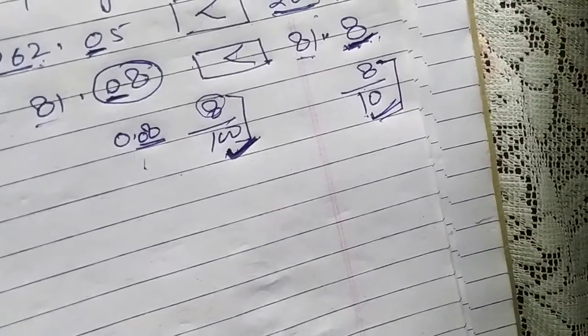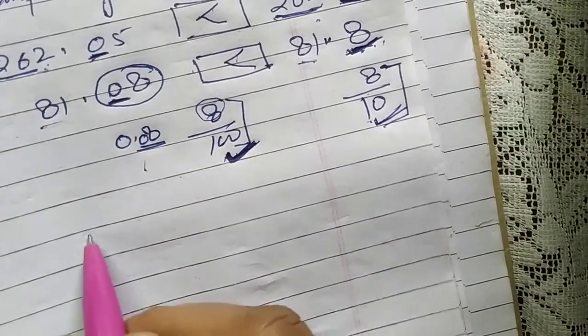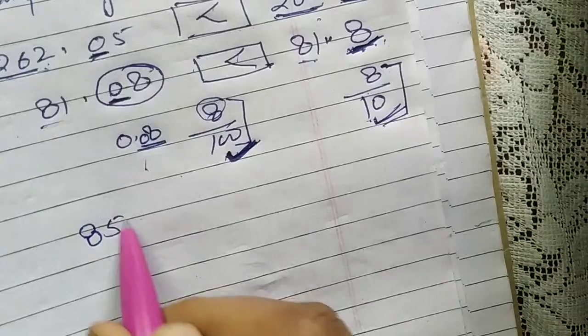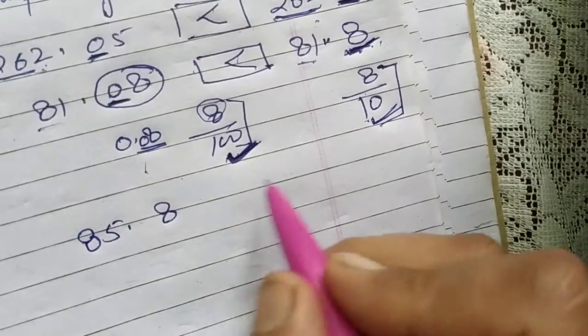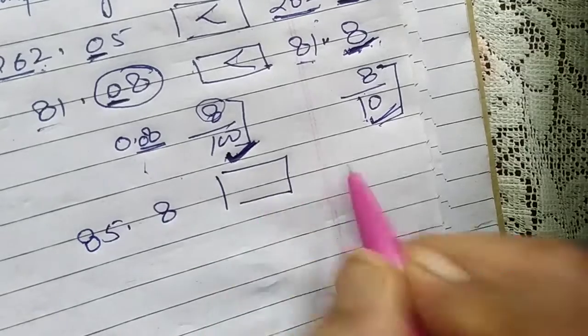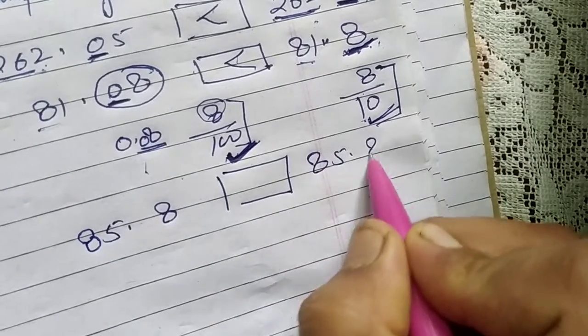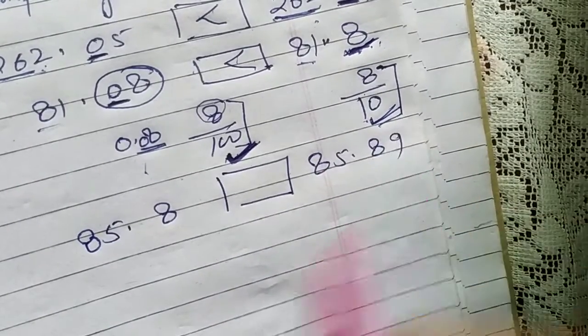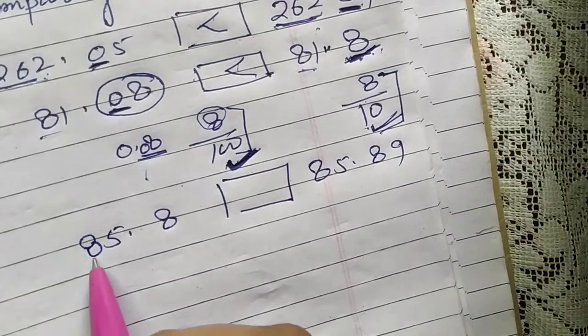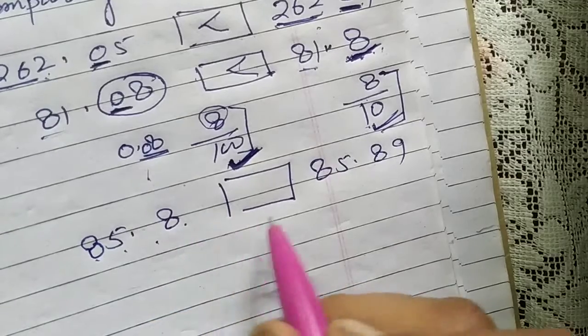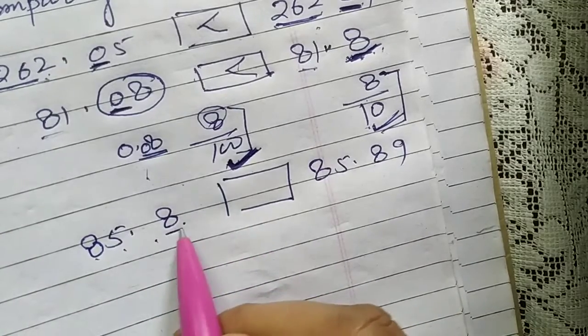Similarly, you can compare. Suppose I have 85.8, and I have 85.889. Now which one is greater? Now just see, 85.8, here only one digit is there.